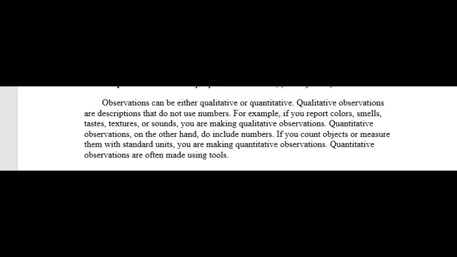Quantitative observations, on the other hand, do include numbers. If you count objects or measure them with standard units, you are making quantitative observations. Quantitative observations are often made using some type of tool or measuring device.